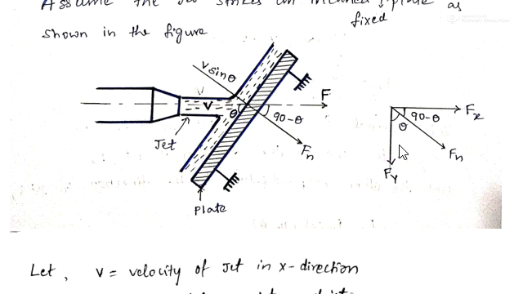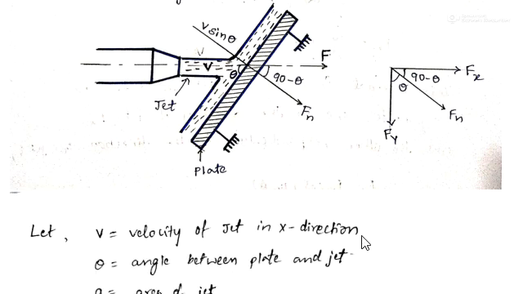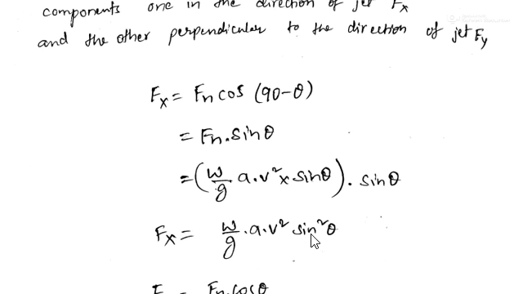So anyway, this Fn you can resolve into two components, Fx and Fy. Fx you can write simply as Fn into cos of 90 minus theta, or directly Fn into sin theta also you can write. Anything you can write, and Fy is Fn into cos theta.